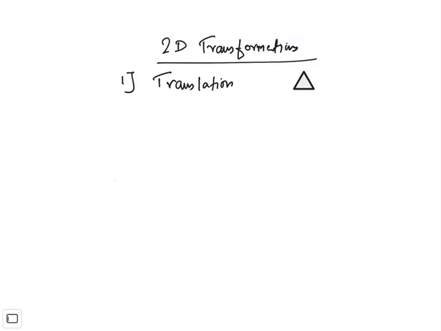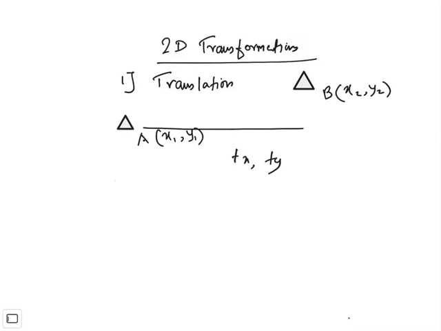So, if the object is at position A with the coordinate values x1, y1 and it is shifted to another position B x2, y2, then the translation amount is represented by Tx and Ty, where Tx is the displacement along x direction and Ty the displacement along y direction.